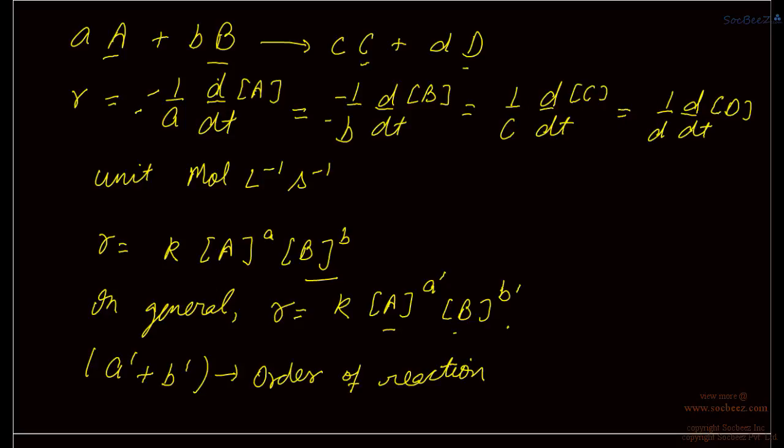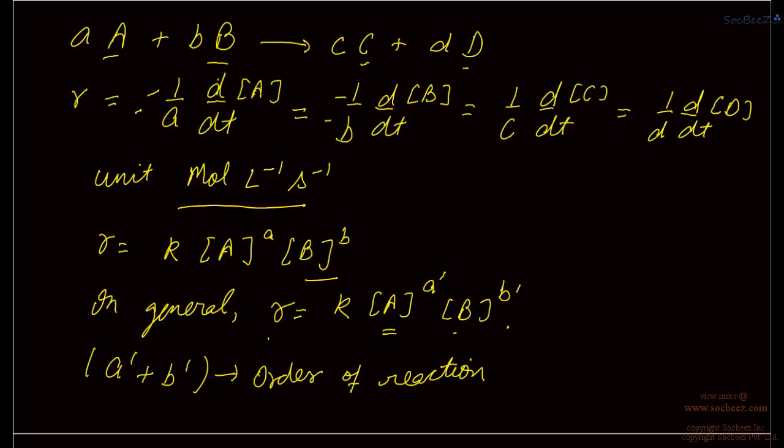Now, K is the rate constant, or more formally specific rate constant, and the unit of K depends on the value of a dash and b dash. The unit of rate is always mole per liter per second, and the unit of concentration is always mole per liter.